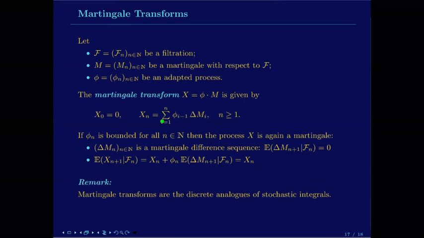Then interestingly, provided this adapted process phi is bounded, the transform actually forms again a martingale, which has a very interesting interpretation, namely if you have a fair game described by this martingale M, or you have a fair investment described by this martingale M, then there is no feasible strategy that you can run that makes you win consistently against the underlying martingale in a finite amount of time.